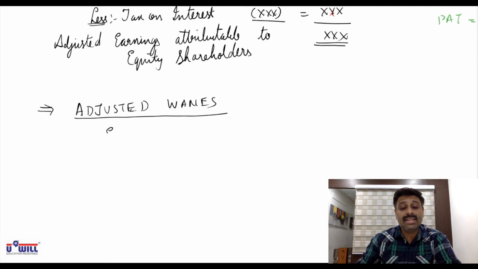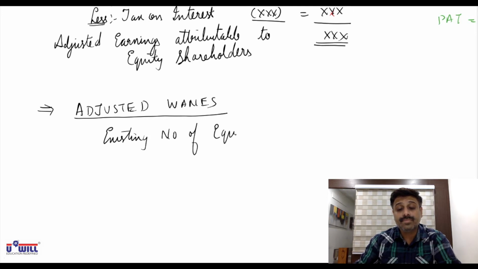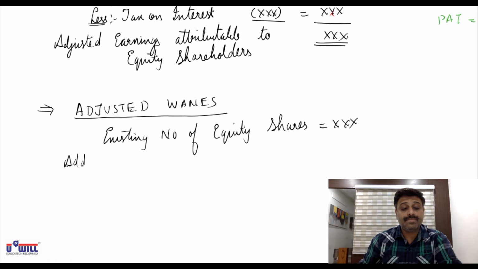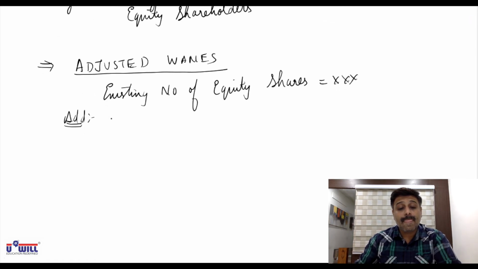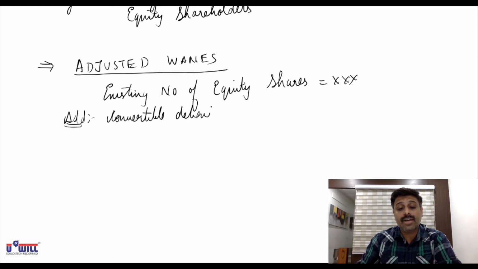First we take existing number of equity shares. In that we add convertible debentures converted into equity shares.